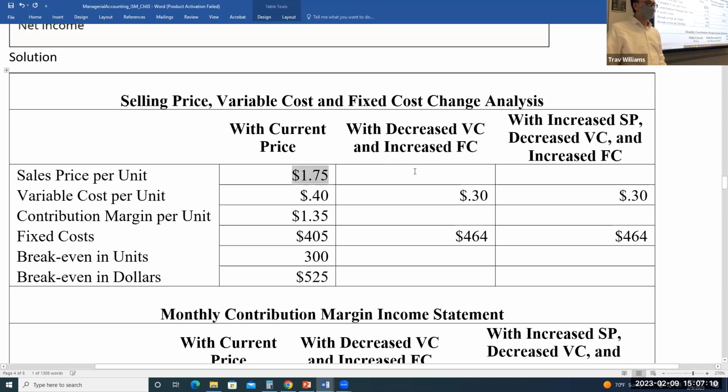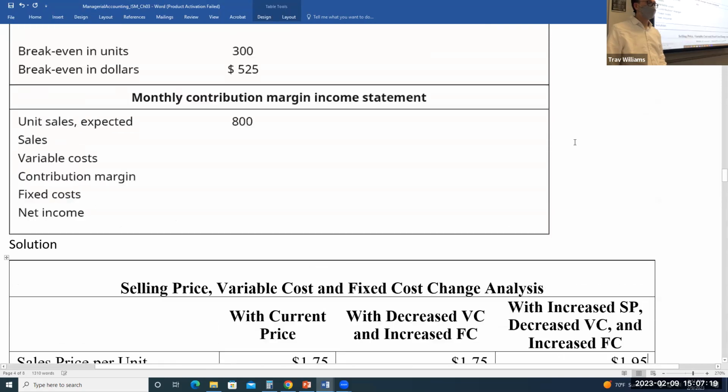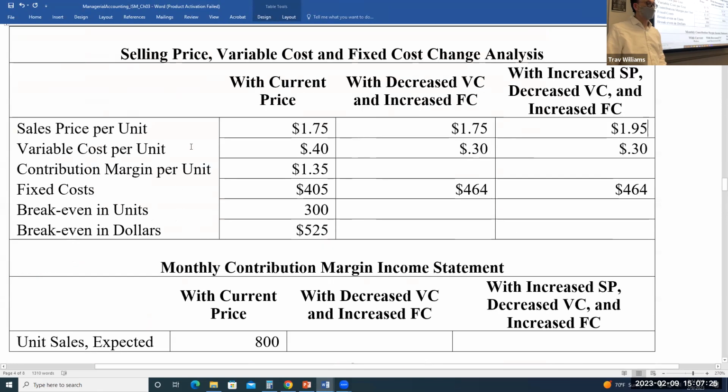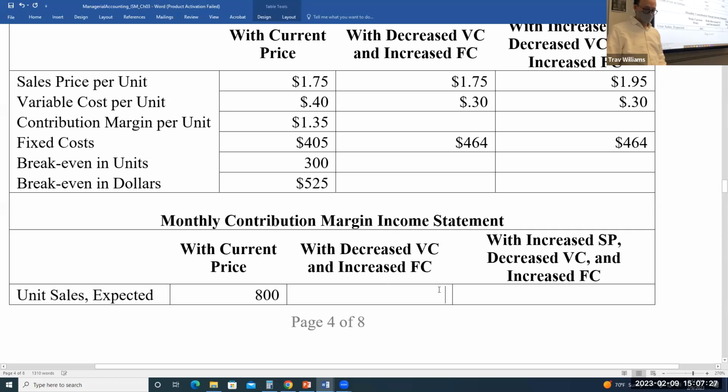In the middle column, the sales price is staying the same, but in the last column, sales price is going up 20 cents per cookie, right? And then that's going to decrease our sales by 25 units, which means 800 units in the middle, but 775 in the third column. Everything else we can calculate.